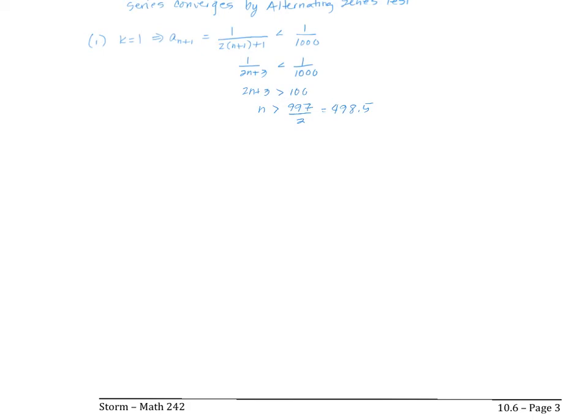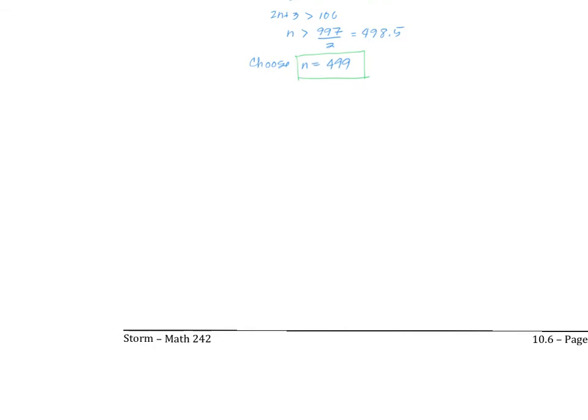So I have this decimal. When we choose our n values, we always round up. So if I choose n equal to 499, then that would be an appropriate n value so that I can estimate my series with a certain accuracy.